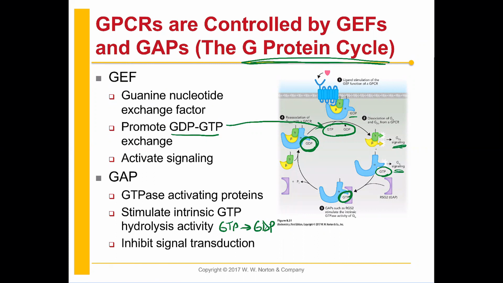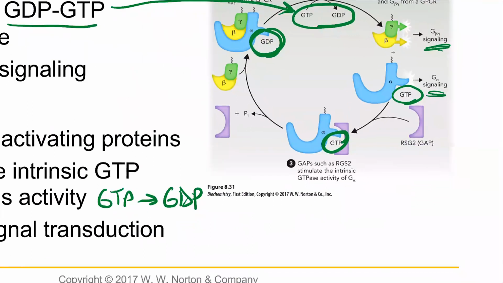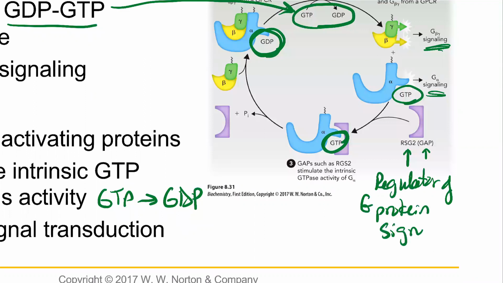And in your book, they said, here's your GAP, your GTPase activating protein. We're also going to call it by another abbreviation, RGS. What is RGS? RGS is regulator of G protein signaling.